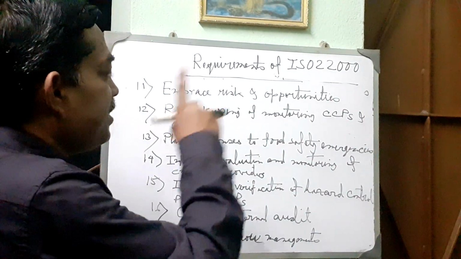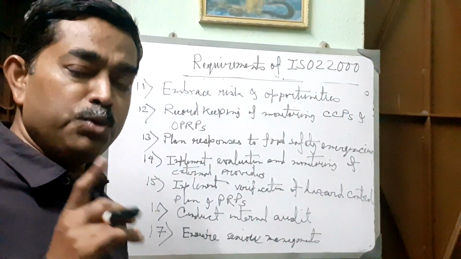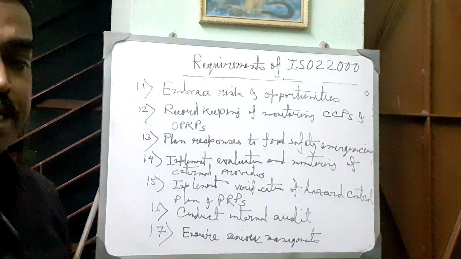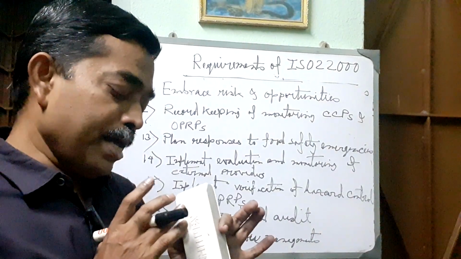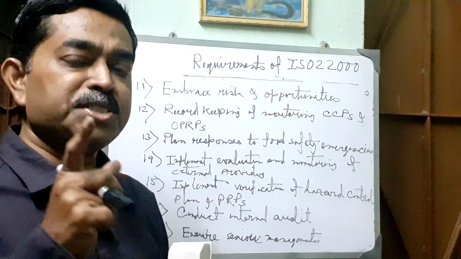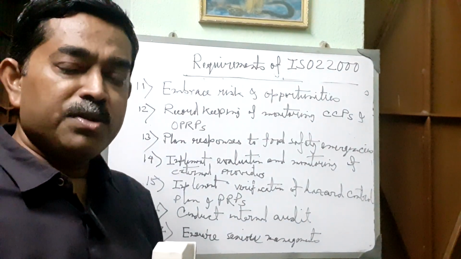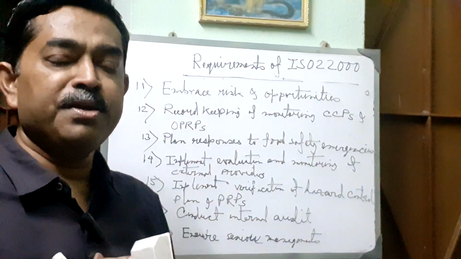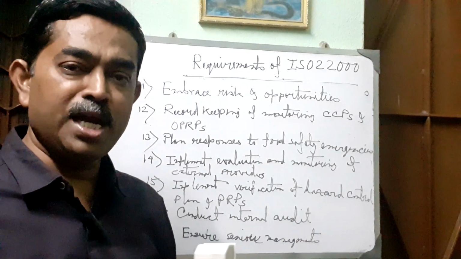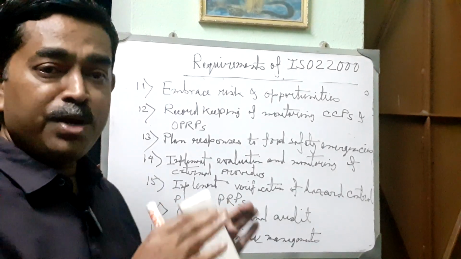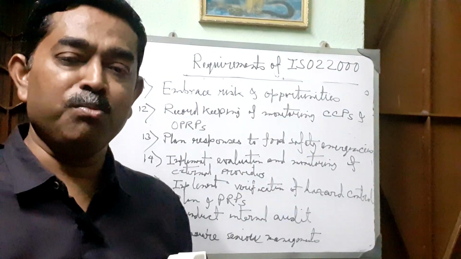So this is the complete requirement of ISO 22000 to implement in your organization, to run the system to produce safe food every time, so that customers and consumers will be satisfied. This is all about the ISO 22000 requirement, PRPs, and hazard analysis critical control point. Thank you.